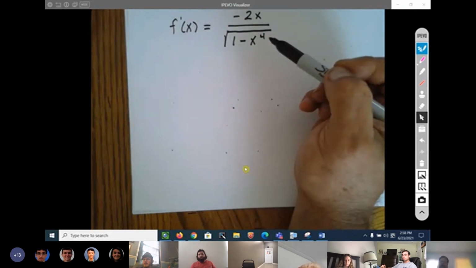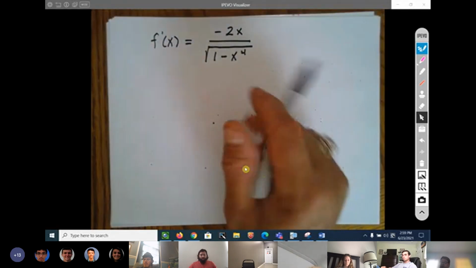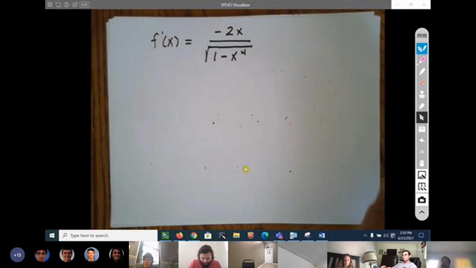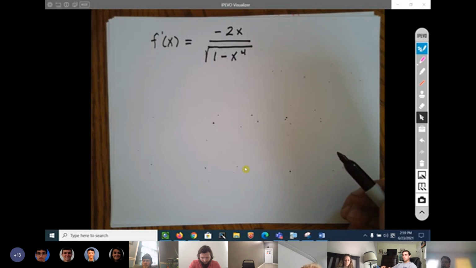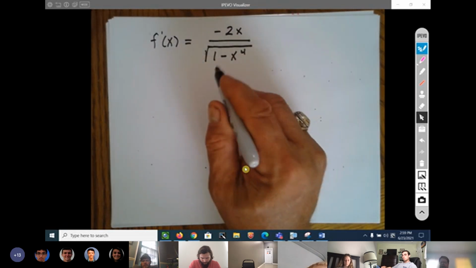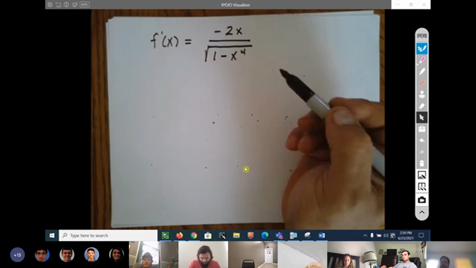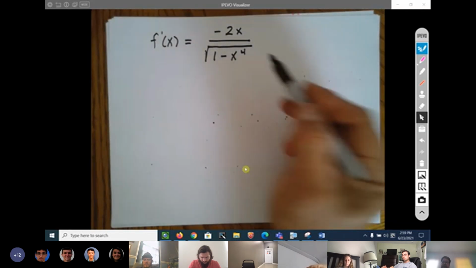I'm solving it. I'm plugging in something, so you're going to end up taking the square root of a number. You only get rid of radicals when you're simplifying an expression, and we're solving.